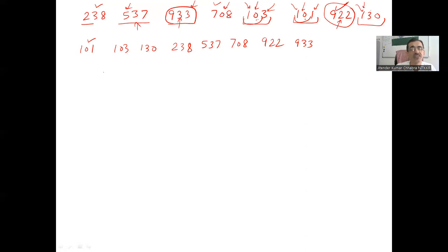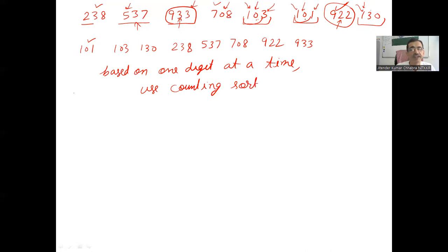So what it says is, based on one digit at a time, use a counting sort and do the sort. So effectively, the above logic could mean, say, use hundreds place digits for the above numbers and do counting sort.